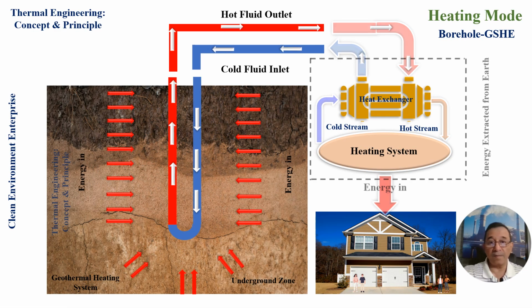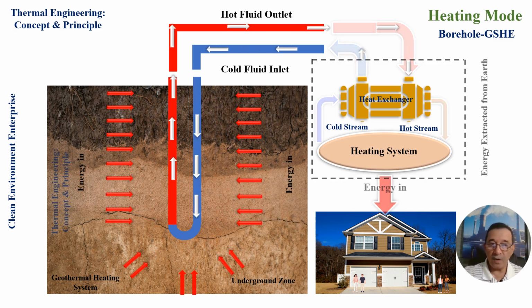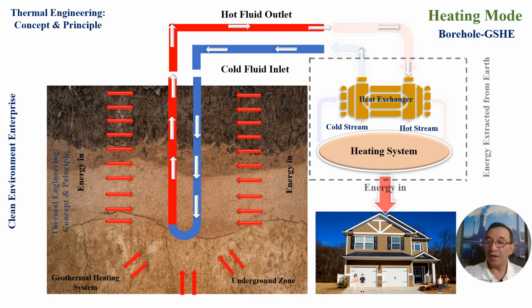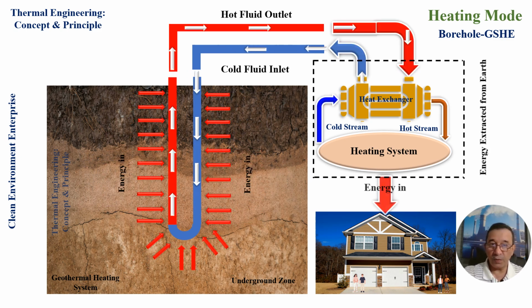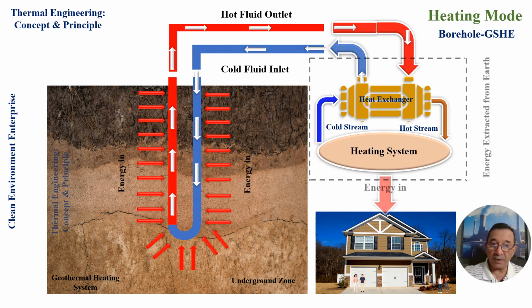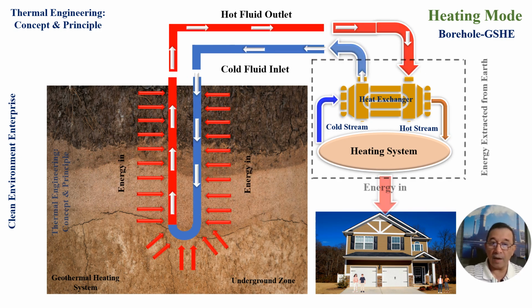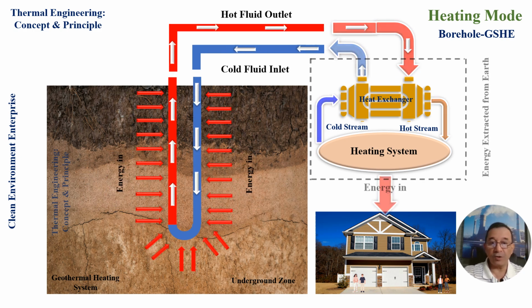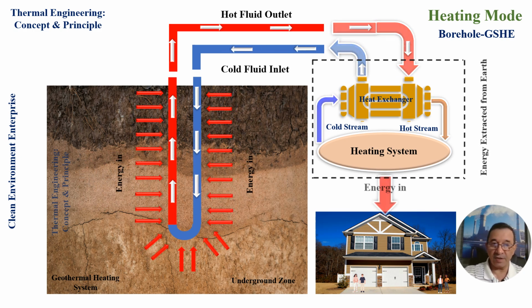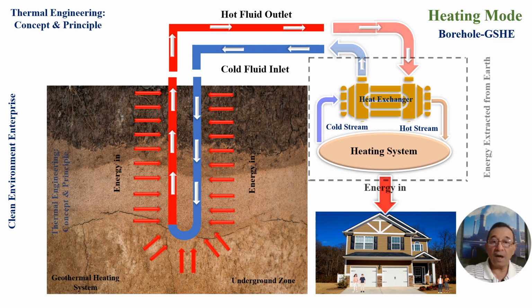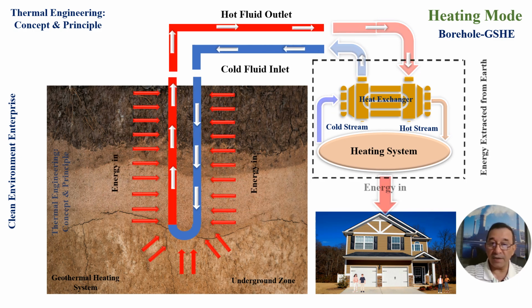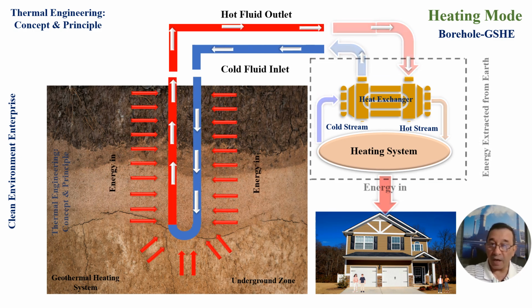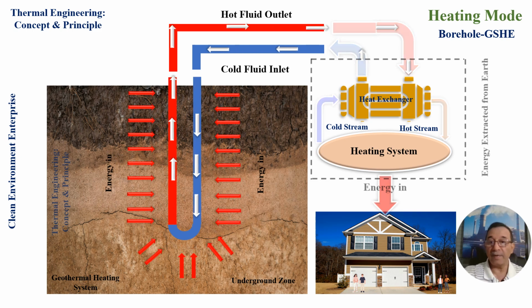In this system, we have the heating mode, where Earth works as an energy source to the fluid which passes through the borehole in the blue direction, which extracts energy from the ground and then returns back to a heat exchanger which is a part of the heat pump.